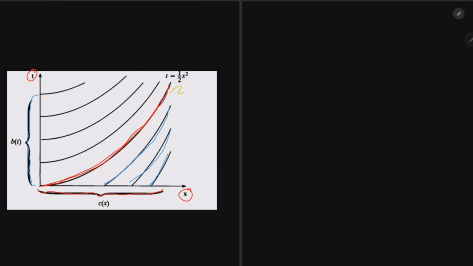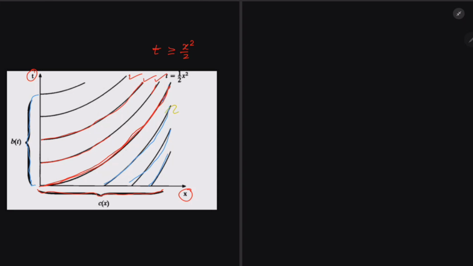One situation is when t is greater than x squared by 2, which I will discuss in the theory. In this case, we have all these characteristics, and you can see that these are passing through the t-axis, where we have b of t.